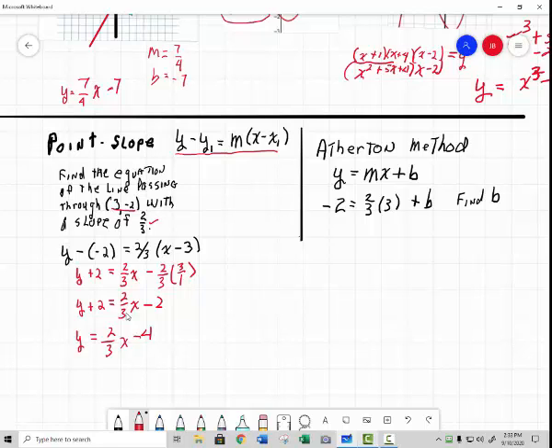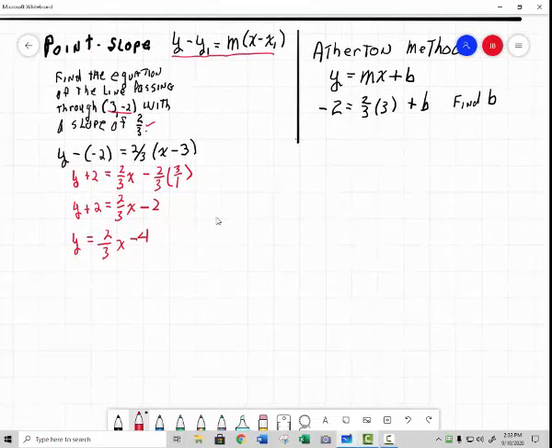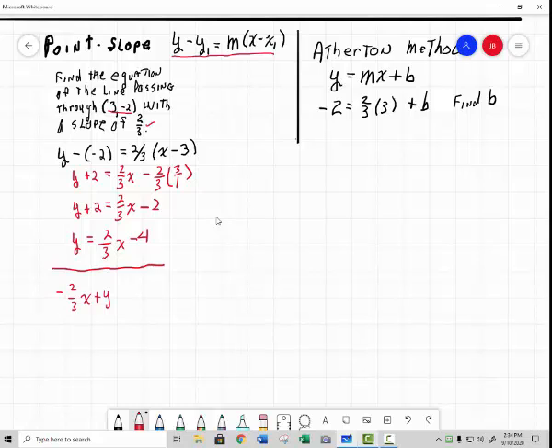That's the slope-intercept form. All right, now I want to show you what you can do. Let's take this equation and subtract the 2/3 x from both sides of the equation. So I've got minus 2/3 x plus y equals minus 4.